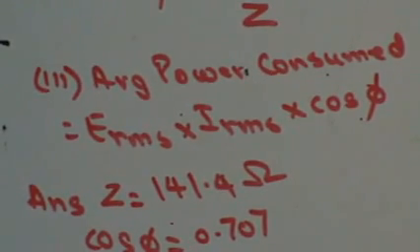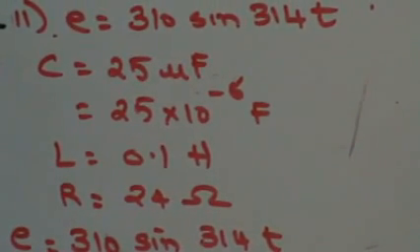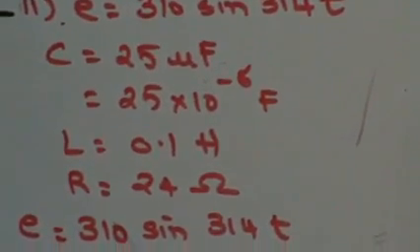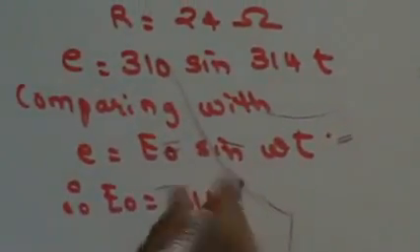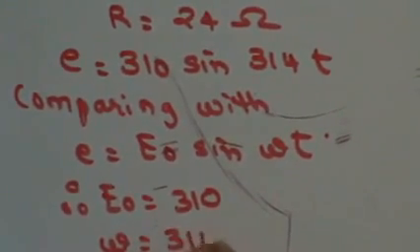Now they've given you that E is equal to 310 sine 314t. Compare this with E is equal to E0 sine omega t, in which case I can therefore say that E0 is 310 and omega is 314, right?